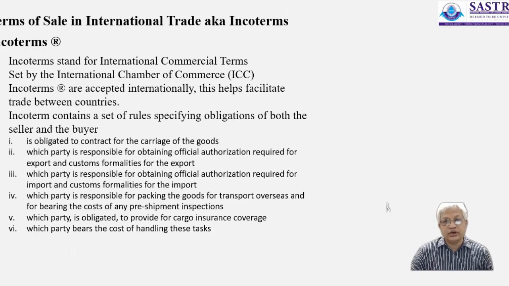So we have just concluded the mandatory documents, which are the standard documents required in international trade. Now we'll be looking at another important element in international logistics, which is very much related to it, known as terms of sale.